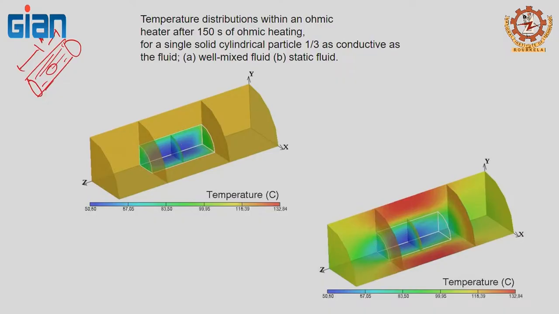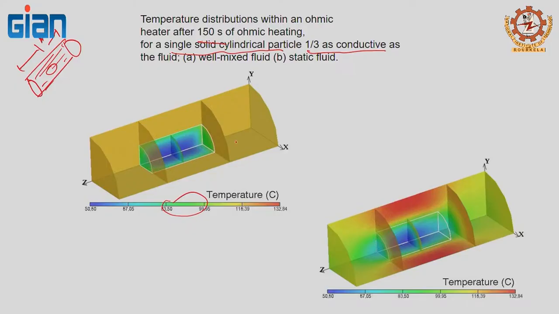and within the liquid. So in the first case, you are processing for 150 seconds, and your single cylinder particle is 1/3 as conductive as the fluid. So the fluid is more conductive, so that conducts electric current faster. The solid conducts electric current slowly, and you have an electrode here, electrode here. So what happens is, if the solid conducts slowly, it's going to heat slowly, showing maybe more green color, showing it's less temperature.